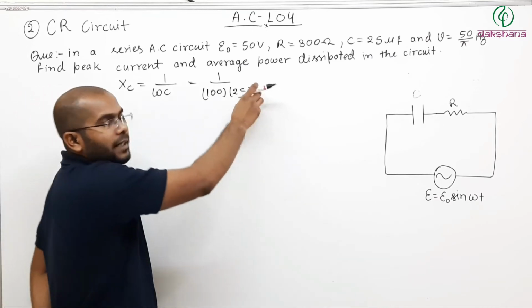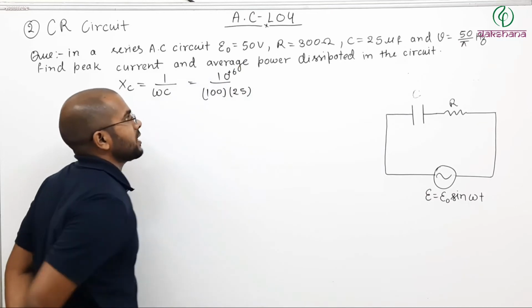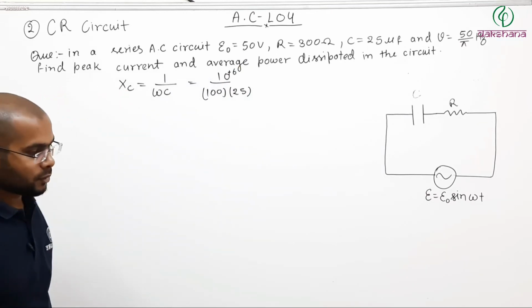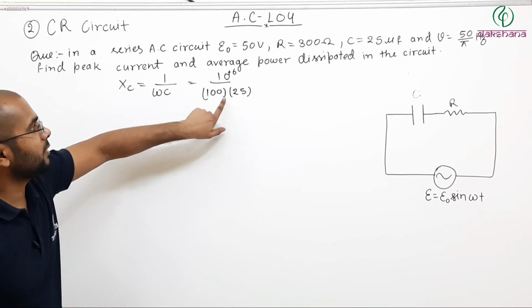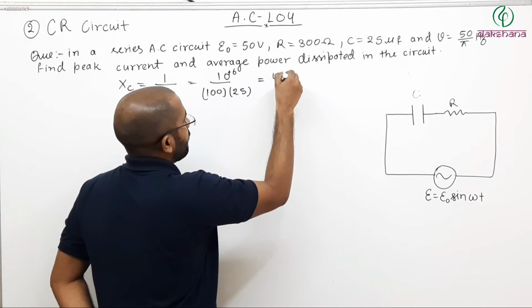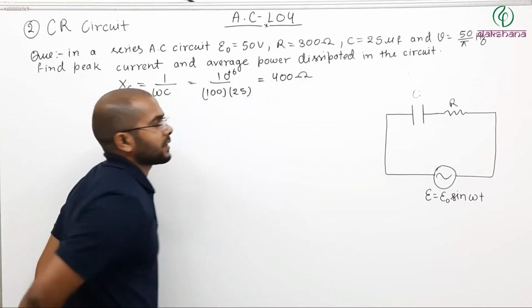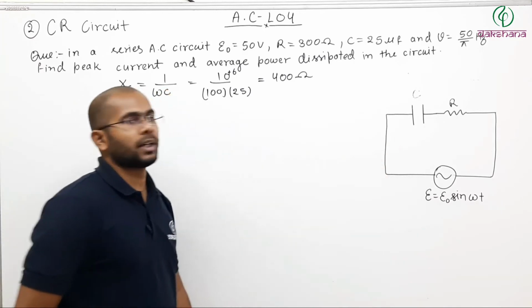And if the denominator has 10 to the power minus 6, in the numerator you can write 10 to the power plus 6. So XC in this case you will get 10 to the power 6 divided by 2500, that is 400 ohm. So the reactance of your capacitor is 400 ohm.